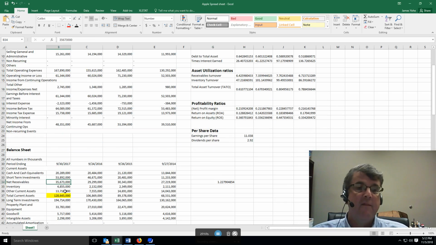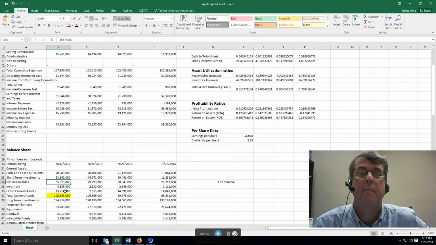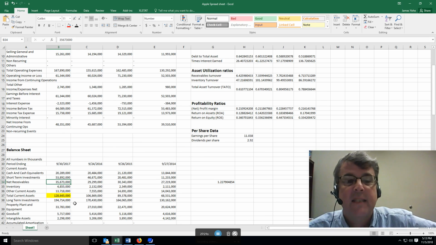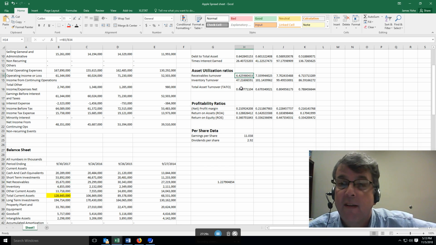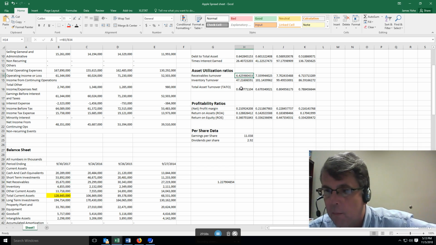And that's $35.673 billion. We divide sales by this, and that gives us a receivables turnover of 6.425, actually 6.426. So they're turning over their receivables roughly 6.43 times a year.